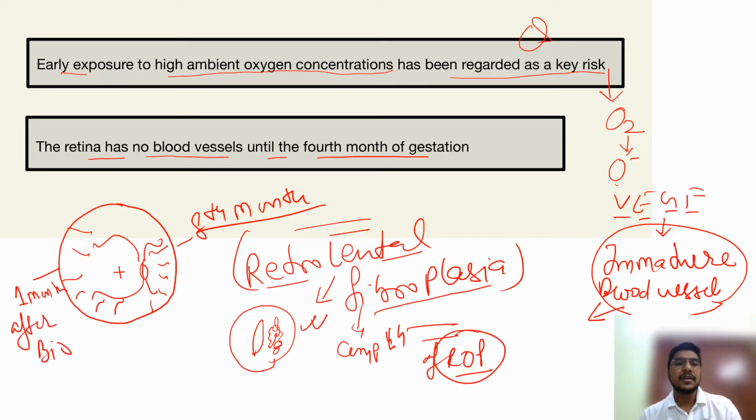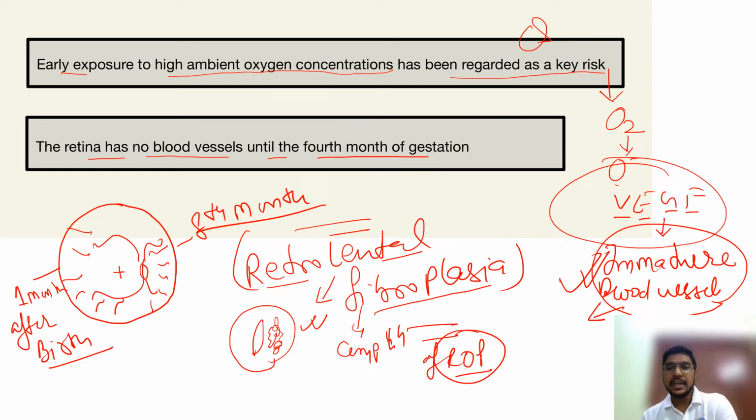Okay. So what happens when there is a premature birth before 30 weeks? Obviously, the blood vessels of the retina have not been developed fully, and that's why if the oxygen concentration is high, it causes hyper release of this VEGF, which causes the formation of immature blood vessels.